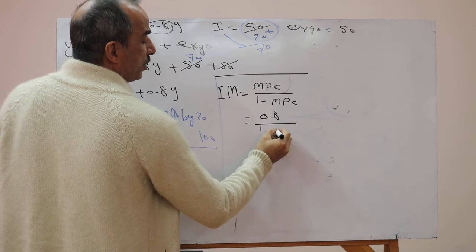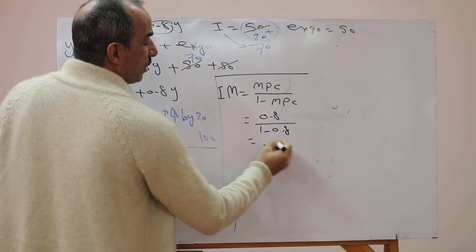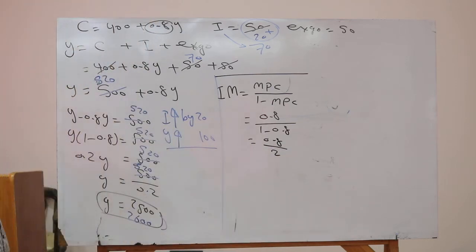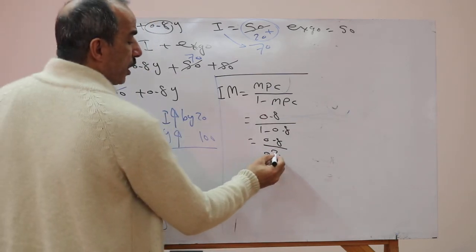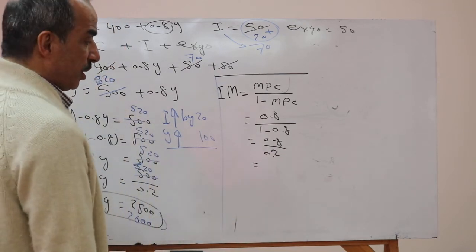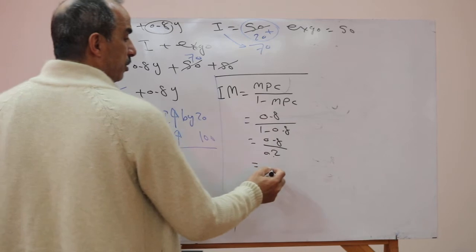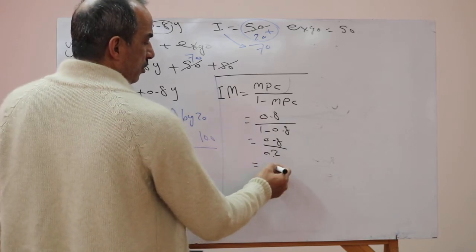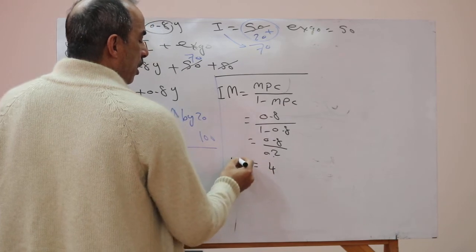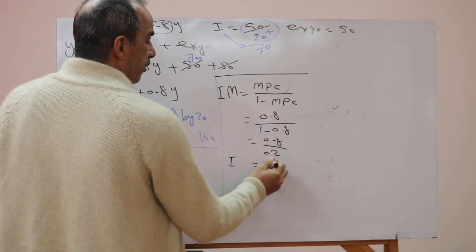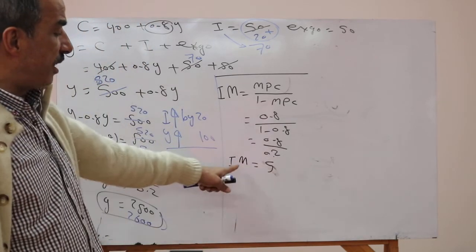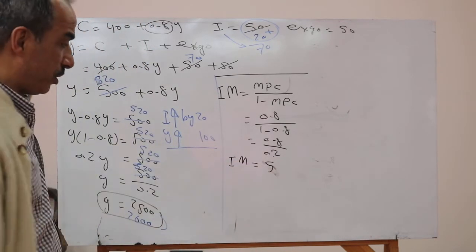So 1 minus 0.8 equals 0.2, and 0.8 out of 0.2 is 4. Okay? So, sorry, 5. This meaning, when we increase the investment by 1 million, the income increases by 5 million.